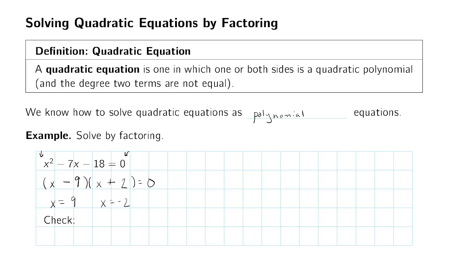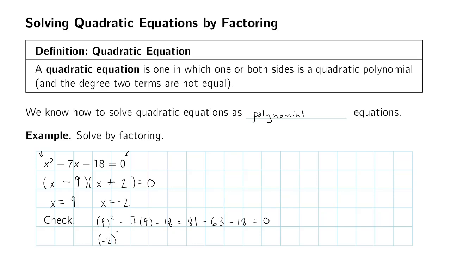And of course, we can check to see that that worked. Right? 9 squared minus 7 times 9 minus 18. That's 81 minus 63 minus 18, which really is 0.